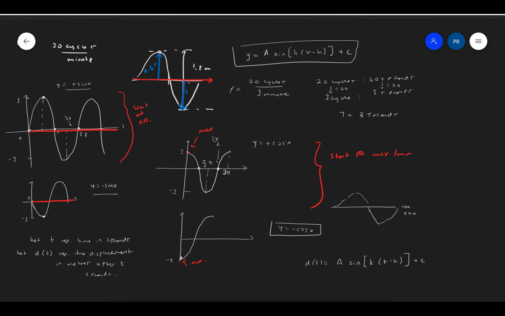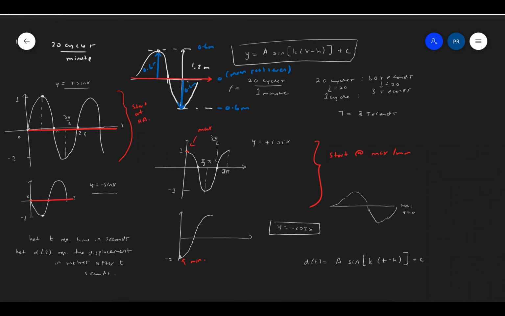It should be halfway, right? The total length is 1.2, so the maximum point occurs at 0.6 meters above the mean pool level, which is set at 0. And your lowest point occurs at negative 0.6 meters, below your mean pool level. Okay, so think about it like that. Try to draw this out, guys.